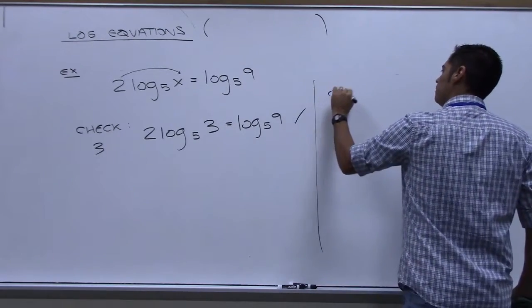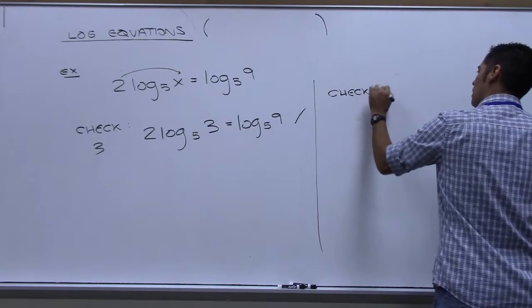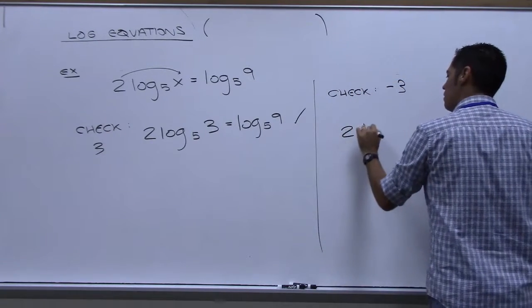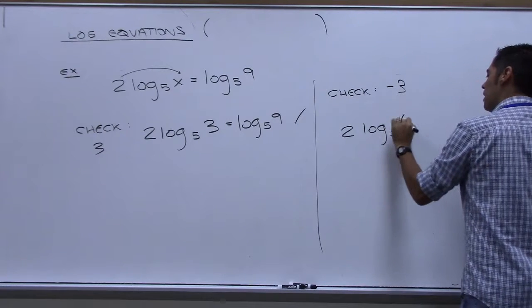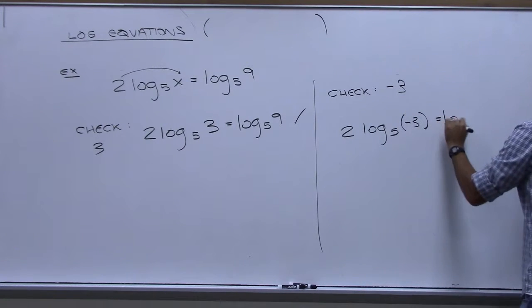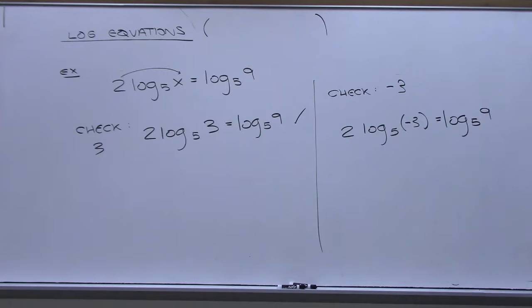To check negative 3, I put 2 log base 5 of negative 3 equals log base 5 of 9. Does this work?